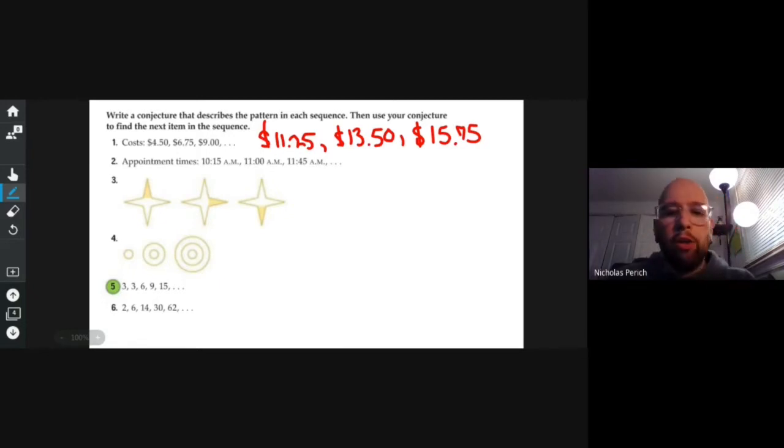They are all divisible by 3. That is correct, but that's not going to help me figure out the next 3 terms. Think of adding.